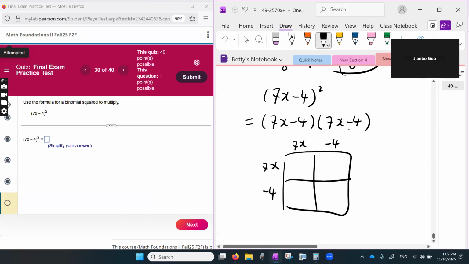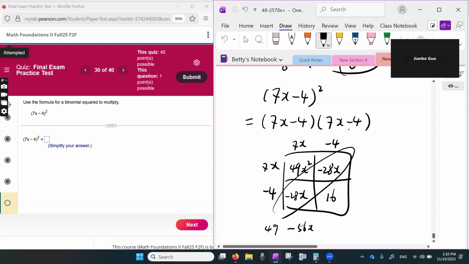Row 1, column 1: 7 times 7, 49. x times x, x squared. 7x times negative 4, negative 28x. Negative 4 times 7x, negative 28x. Negative 4 times negative 4, positive 16. Those two terms are like terms, and adding them together, we have negative 56x.